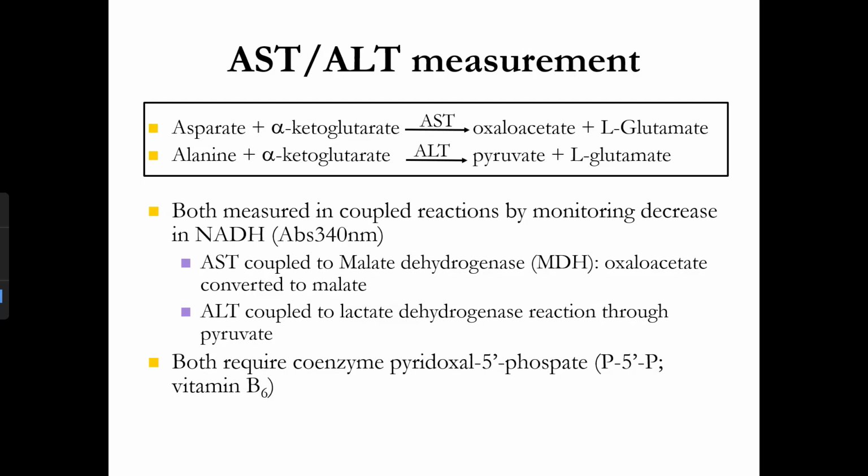The AST and ALT measurement. So both are measured in coupled reactions by monitoring a decrease in NADH at a particular absorbance. So AST coupled to malate dehydrogenase, oxaloacetate converted to malate. ALT is coupled to lactate dehydrogenase reaction through pyruvate. Both require coenzyme pyridoxal 5-phosphate.